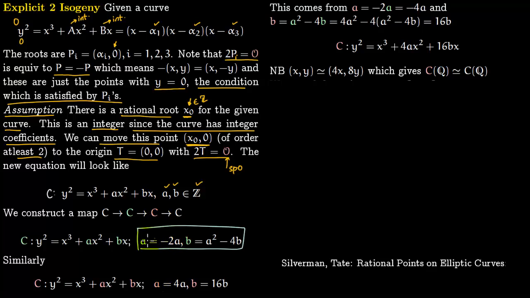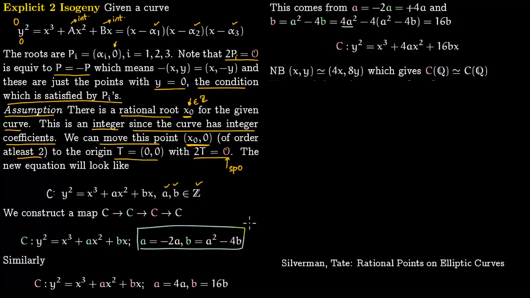We repeat the same formula for the red curve, because red a is −2 times green a, and green a we have taken as −2a, so plugging this in you get plus 4a. And red b, same formula: red b is green a squared minus 4 green b. Since green a is −2a, you get 4a².